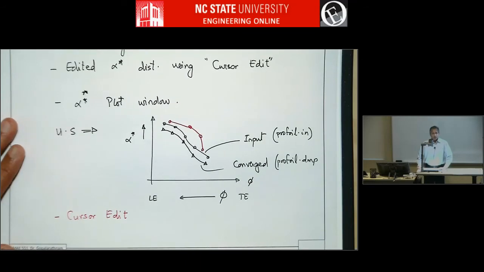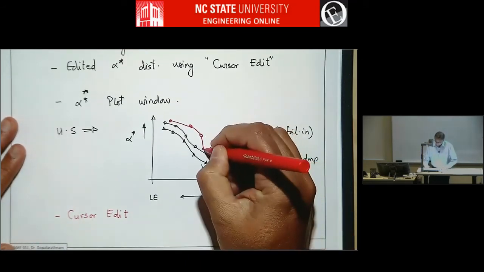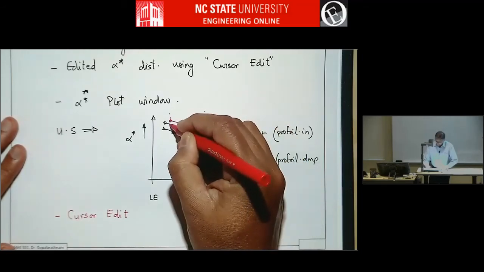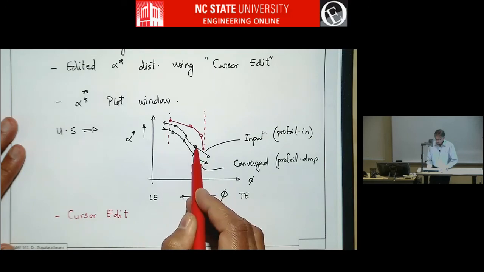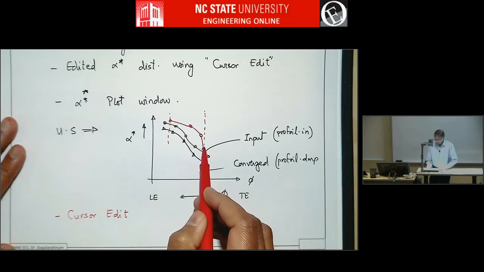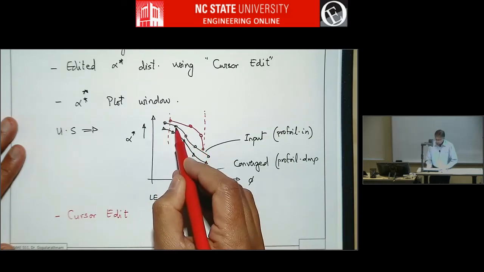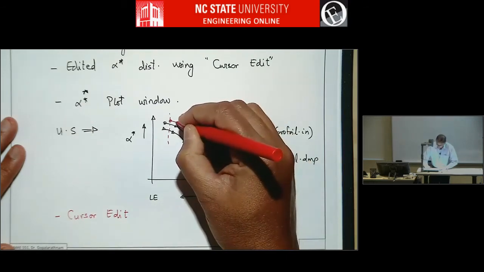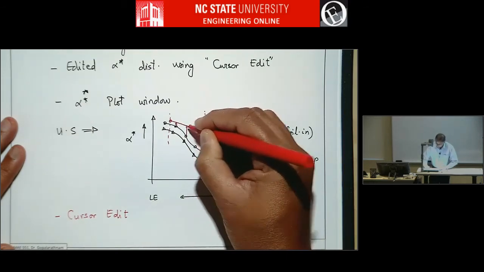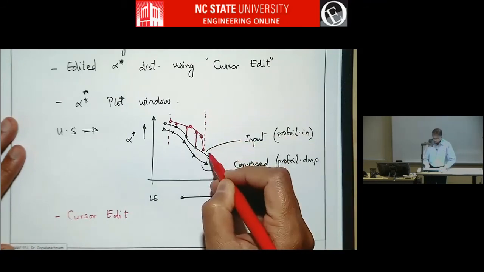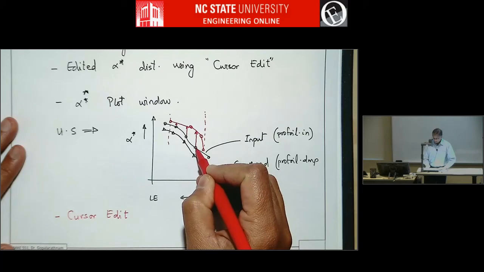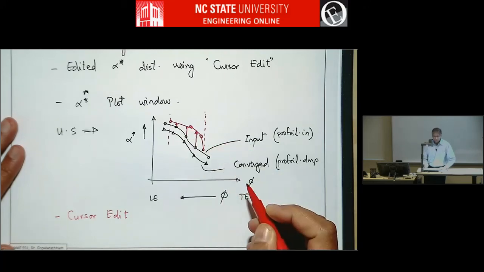You can keep on doing that. When you hit right click, it will take every segment endpoint in between the first and the last, and then it will move this to here. It will interpolate, it will keep the phi constant, and it will just move the alpha star of the in-between segment endpoints to that.